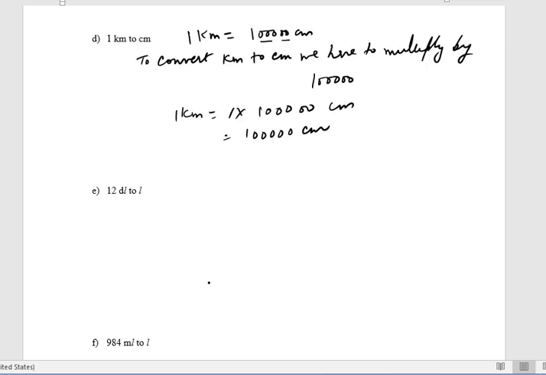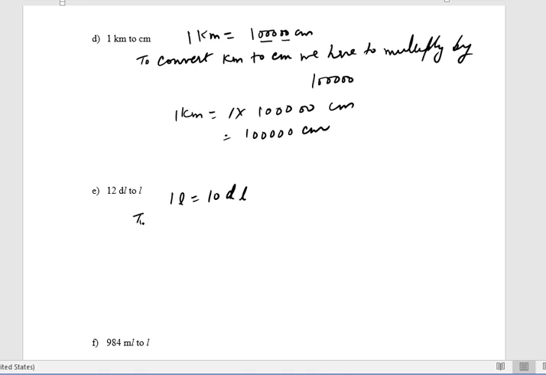Next part is 12 deciliter to liter. 1 liter equals 10 deciliters. So what we have to do? When we are converting a smaller unit to a bigger one, we have to divide.